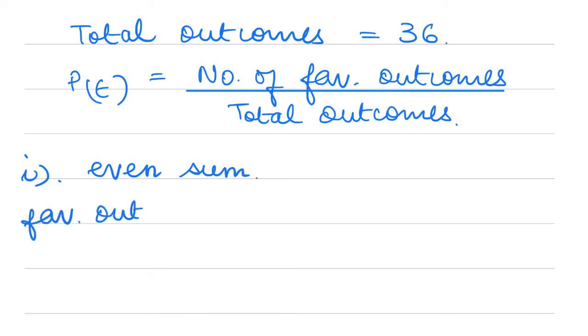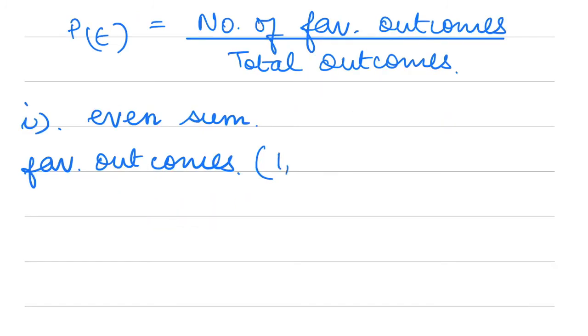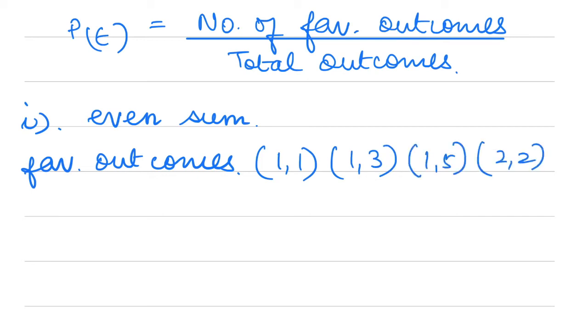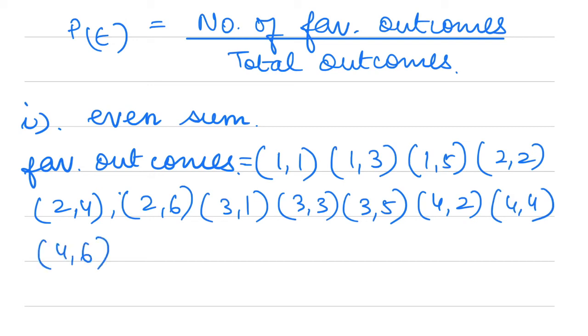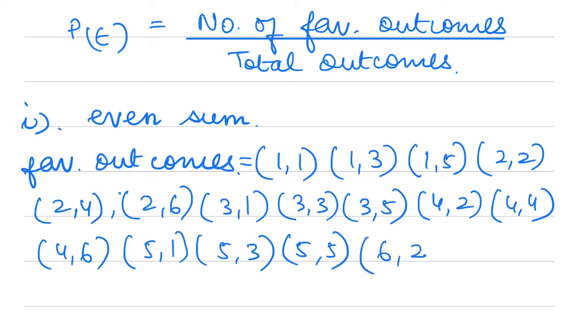Favorable outcomes will be 1 and 1, 1 and 3, then 1 and 5, 2 and 2, then 2 and 4, 2 and 6, then 3 and 1, 3 and 3, then 3 and 5, then 4 and 2, then 4 and 4, 4 and 6, then 5 and 1, and 5 and 3, 5 and 5, then 6 and 2, 6 and 4, and 6 and 6.